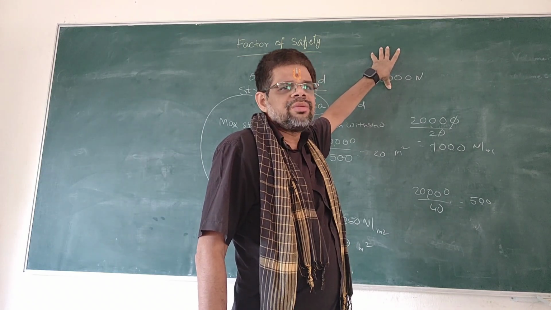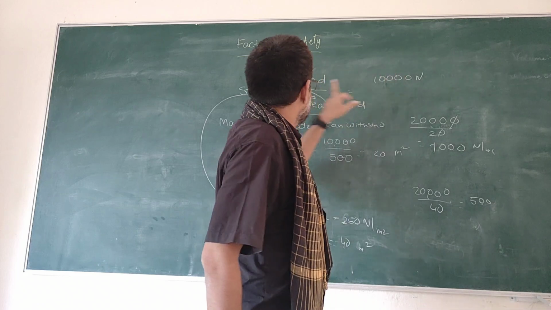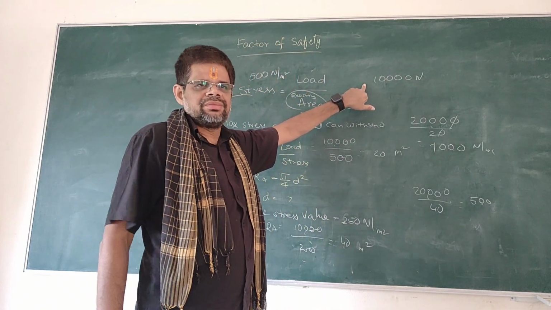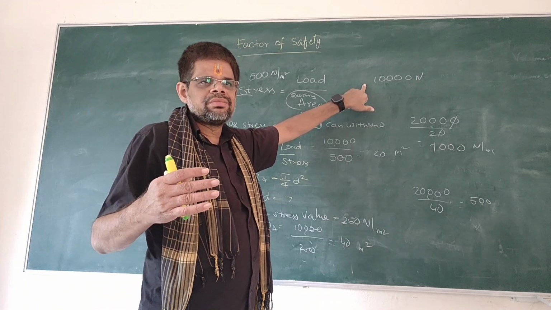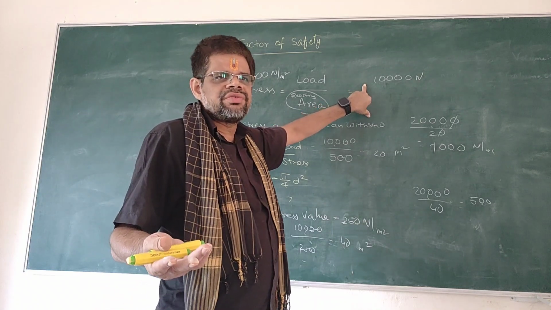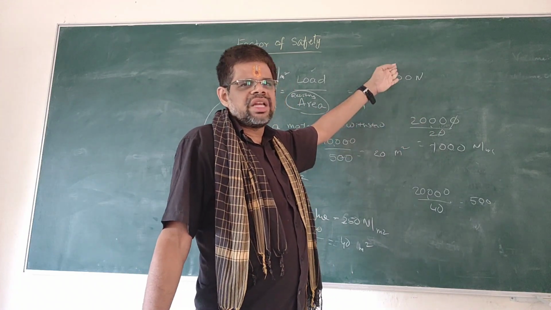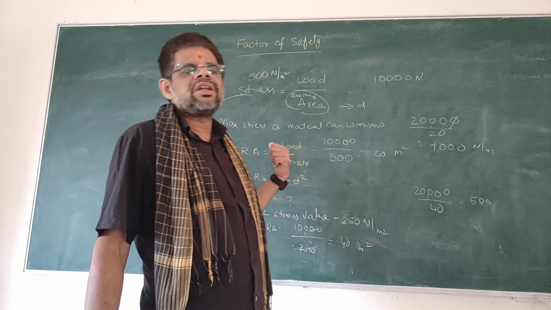Because loads cannot be predicted. Here we have taken 10,000, which is a normal load. Usually it is 10,000, but sometimes it may increase. Usually 10,000 will not become 20,000, but it may increase to 11,000 or 12,000. In such cases, our material may fail.